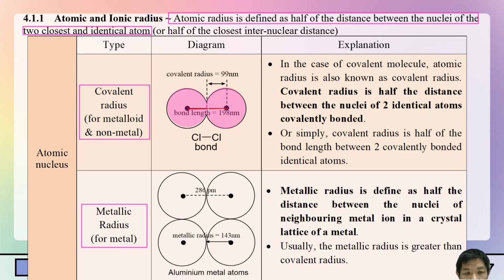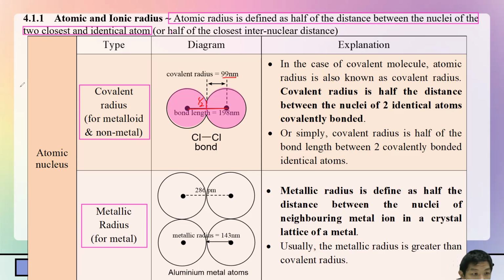In this case, the distance between the two nuclei, which is also known as the bond length, is 198. The covalent radius takes half of it, therefore it is 99 nanometers. So this is how we measure the atomic radius for covalently bonded compounds.